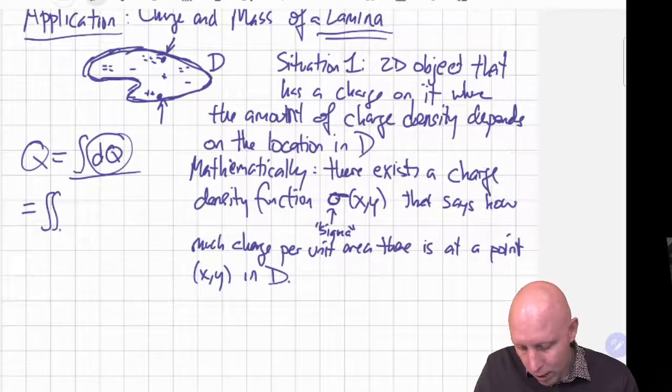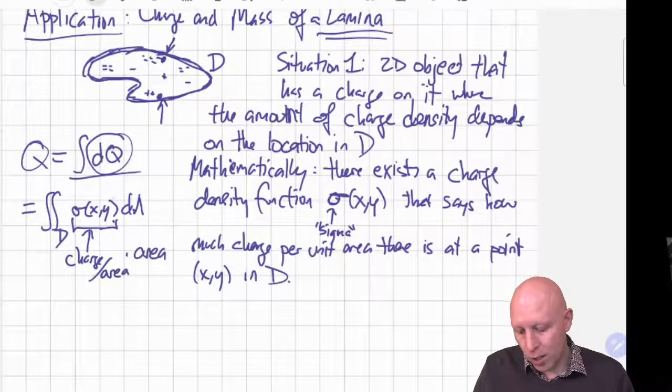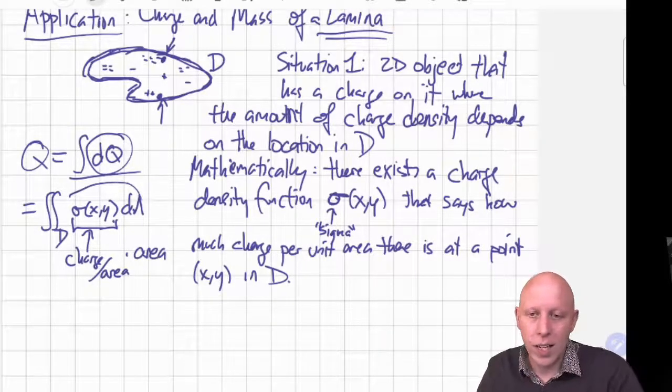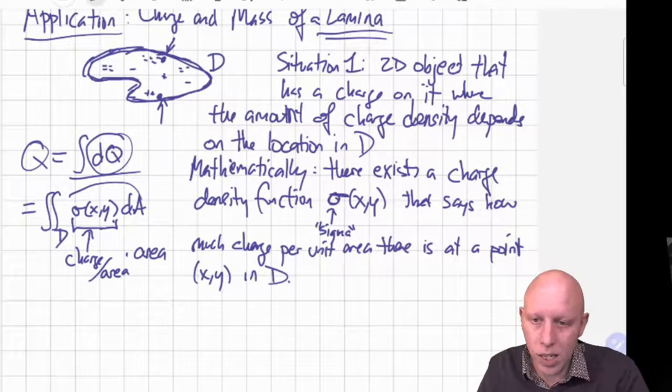Well, we're going to integrate over the whole domain of this charge density times dA. What is this? This is charge per area, and this is area. So sigma of x, y times dA is equal to dq.